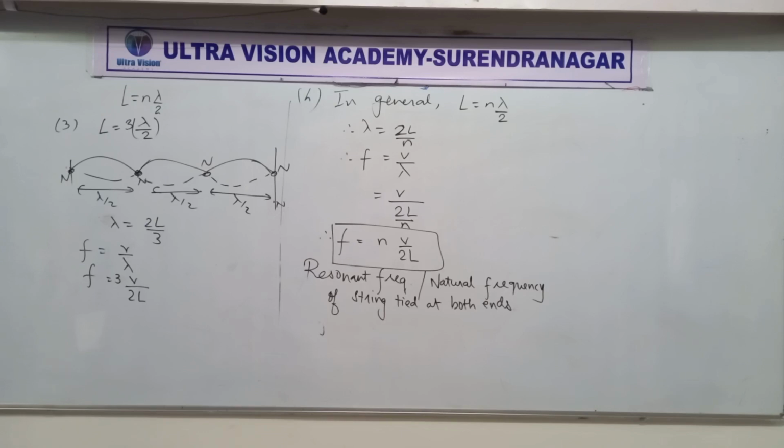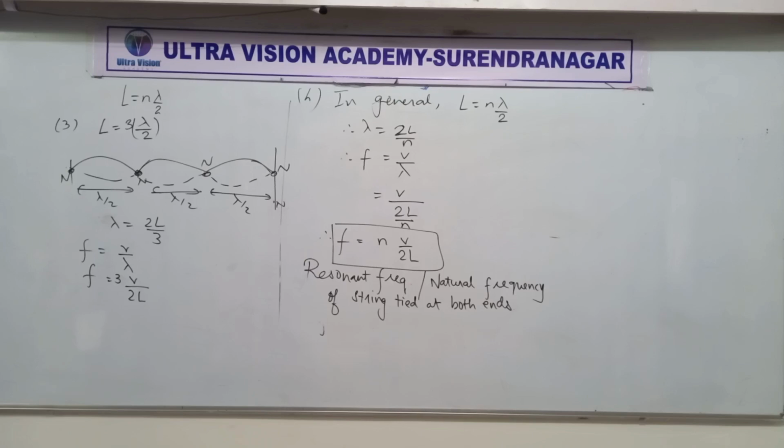Wave is not an object. Source completes 3 oscillations. Source will complete 3 oscillations by the time wave reflects and comes back. That's why we will have resonance.